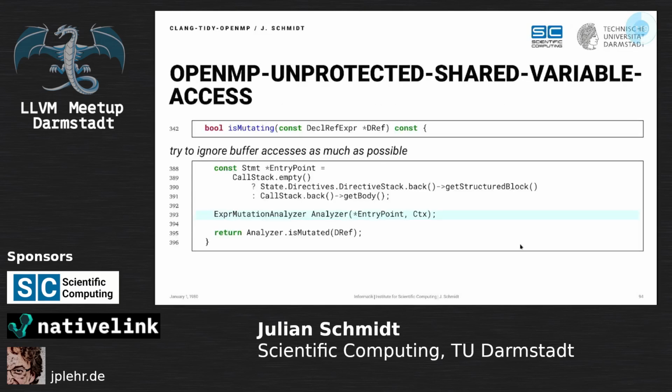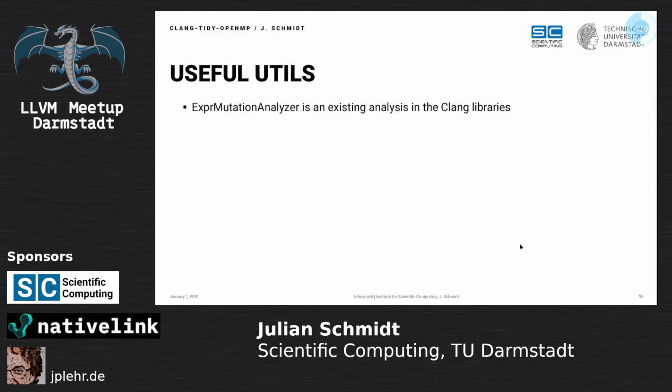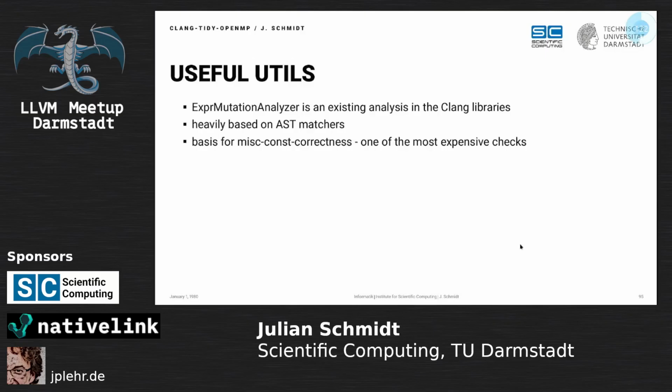Now, the ExprMutationAnalyzer is very interesting because you don't have to implement all of that yourself. The implementation is very heavily based on AST matchers. And it's also the analysis that's the basis for misc-const-correctness, which is an existing Clang-tidy check.